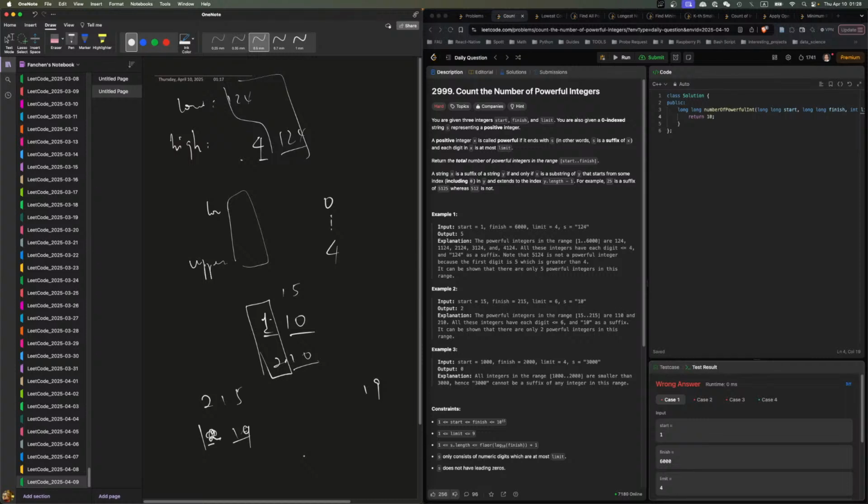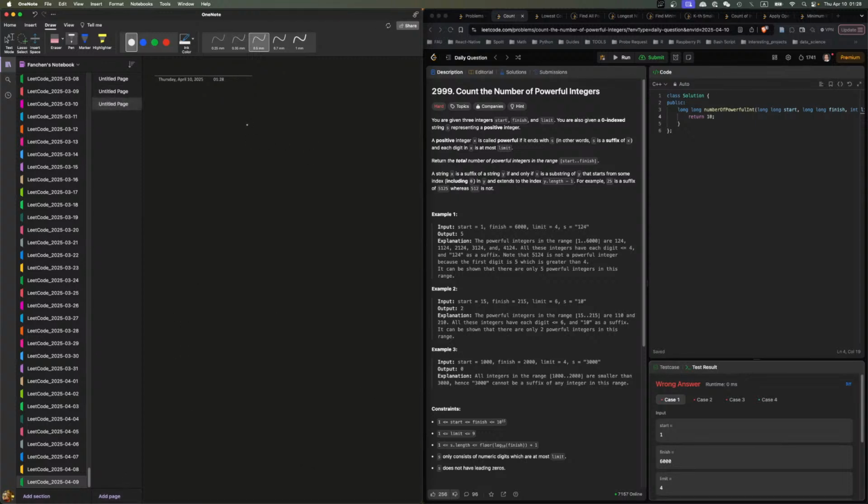Oh, this limit. I feel like I need a better use case of this limit. This limit basically just means when you count. So the reason we can say, from 100 to 199, there are this minus 100 plus 1 equals 100 numbers.